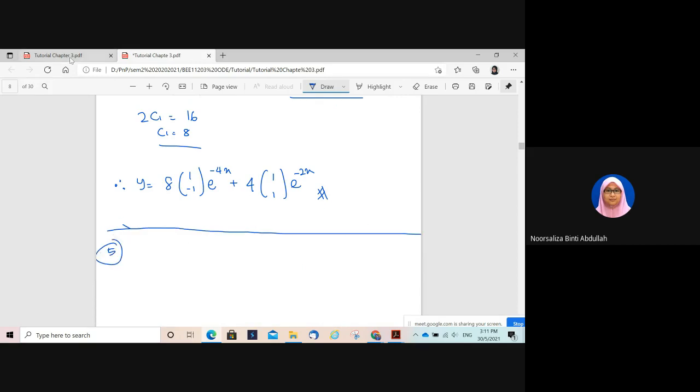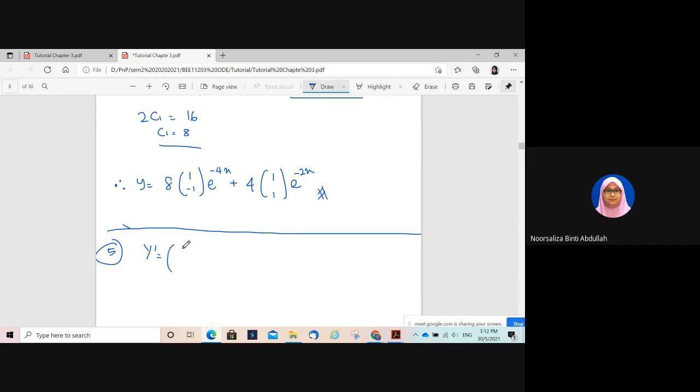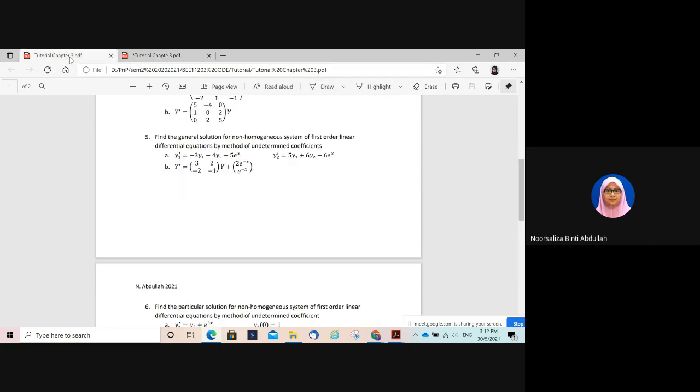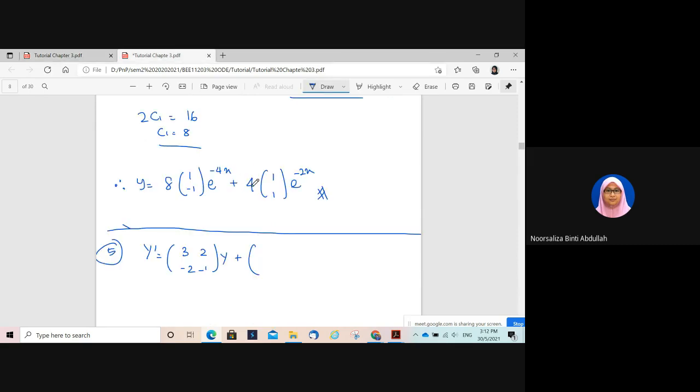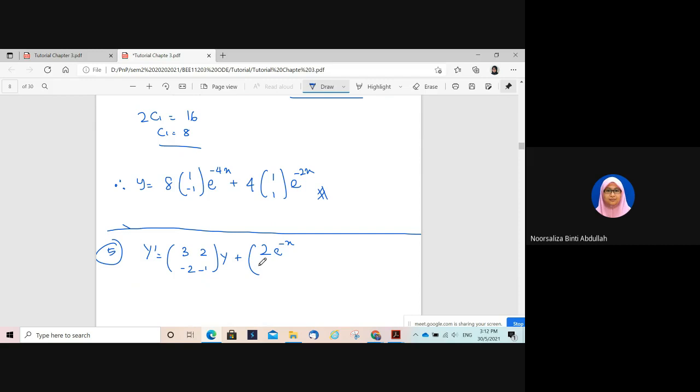So number 5 is y prime equals the matrix [3, 2; -2, -1] times y, plus g, which is [2e^(-x); 2e^(-x)].